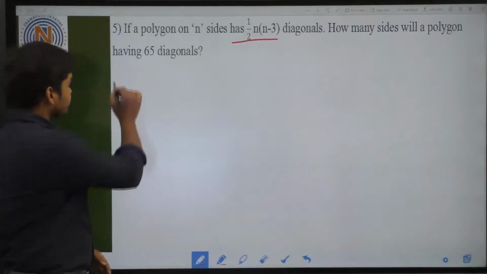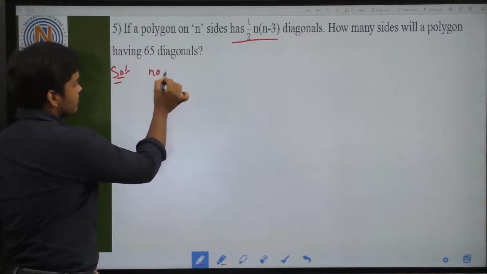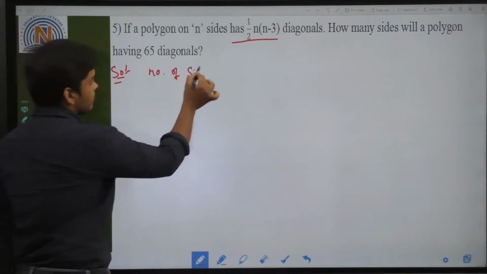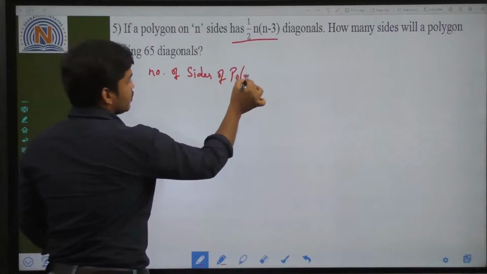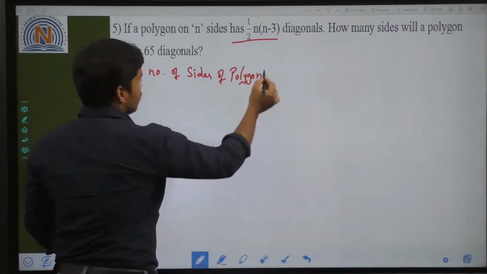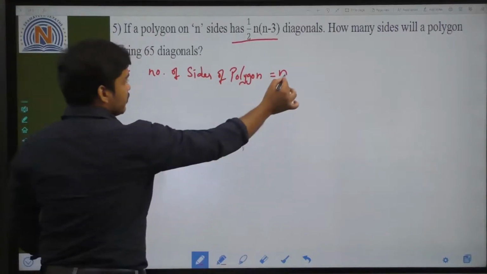So now, the number of sides of the polygon is equal to n. N is the number of sides of a polygon.